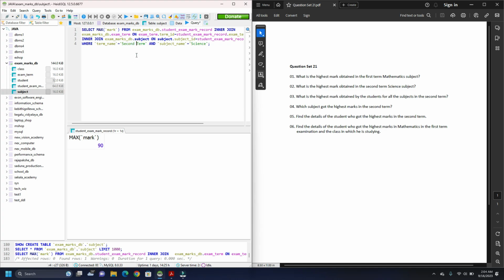So let me explain the query from the beginning. We are selecting the max mark in order to find the highest mark from the student exam mark record, and that table is inner joined with the exam term table to find the term which is second term, and those two tables are inner joined with the subject table to find the subject science.